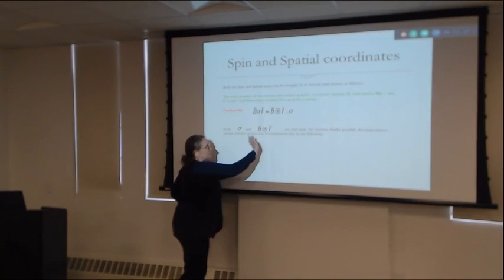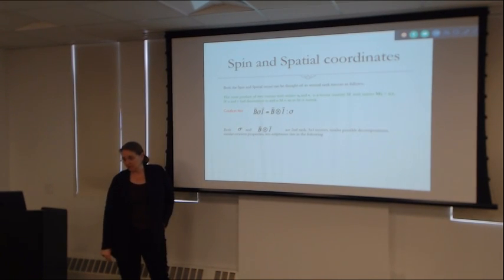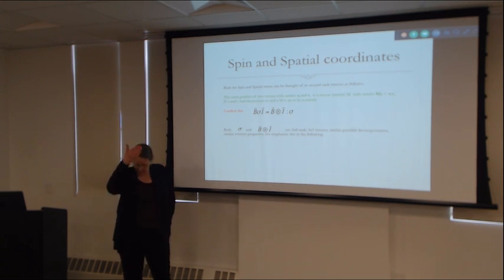Just write out the terms that come up in a generalized case. Don't pick a specific case, but just have B as Bx, By, Bz, and I as Ix, Iy, Iz, and just multiply it all out, and you'll see that they mean exactly the same thing. And that's a useful thing to do.